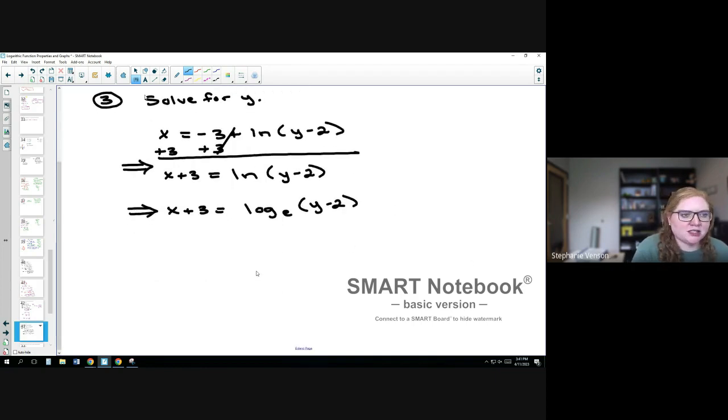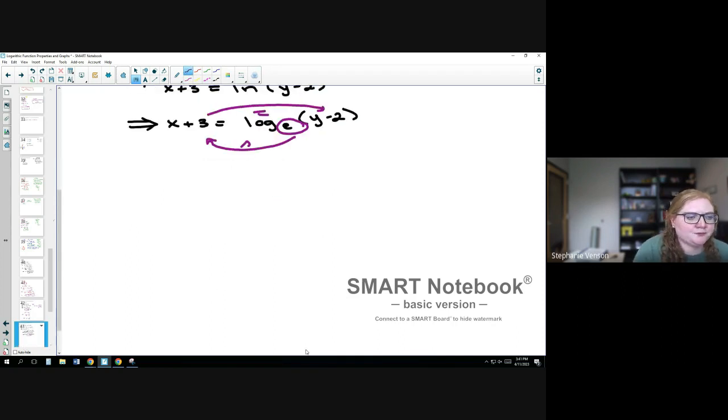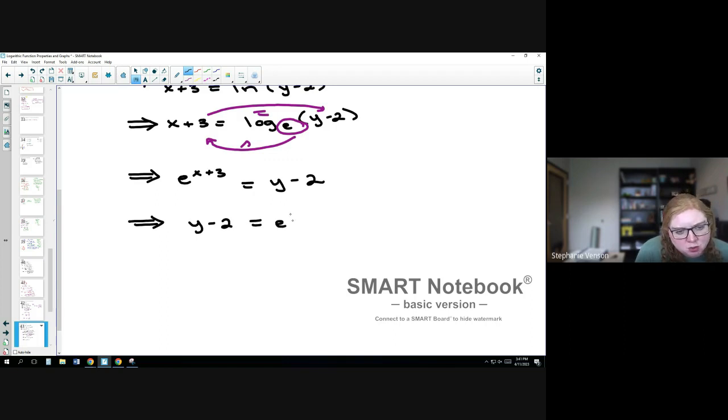Now I can rewrite it as an exponential. Anytime we're rewriting from log to exponential or exponential to log, we always start the same way, and that's by starting with the base. So it's going to be e raised to the other side of the equal sign set equal to what's inside. Okay, so that would be e raised to the x plus 3 is equal to y minus 2, which we can rewrite as y minus 2 is equal to e raised to the x plus 3.